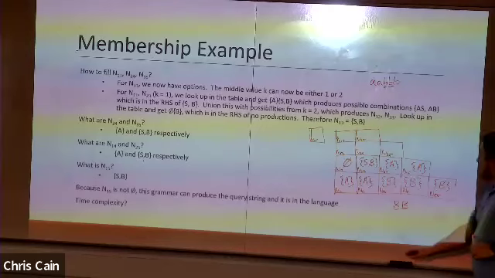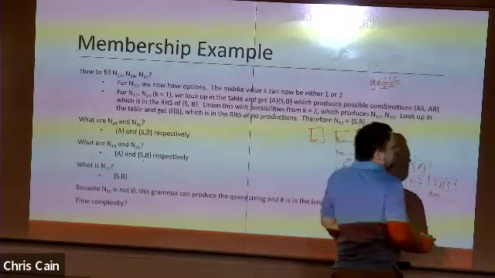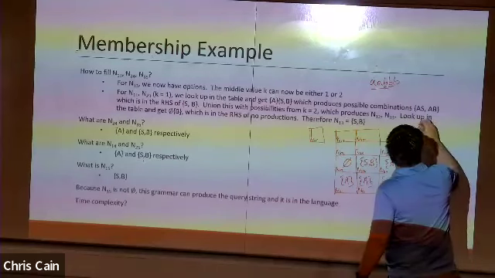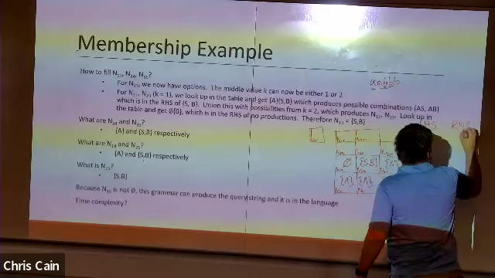So for N13, this is now this substring AAB. We have a couple options of the way that we can split up AAB. We have a left-hand side and a right-hand side. We have two different ways.